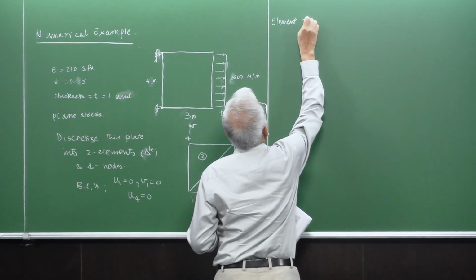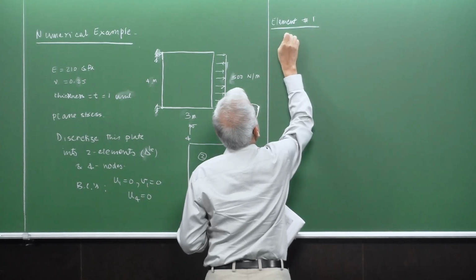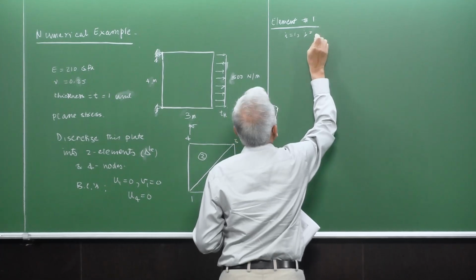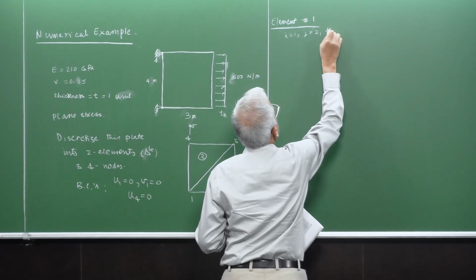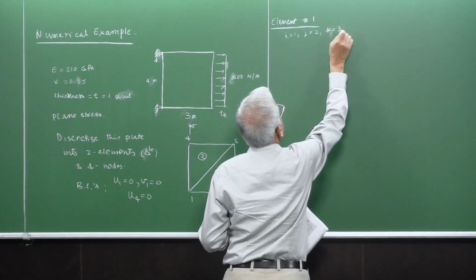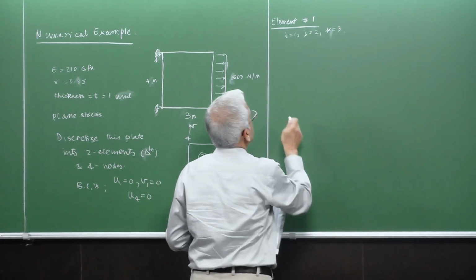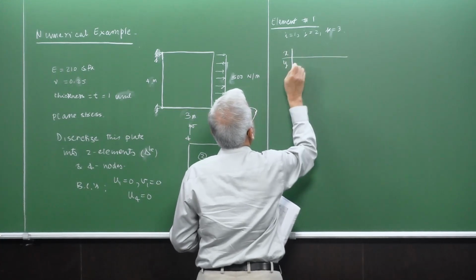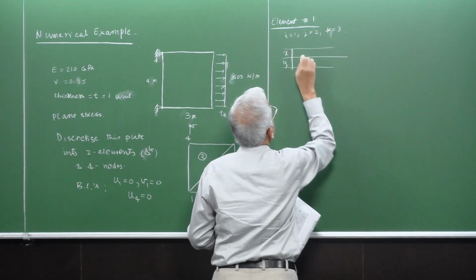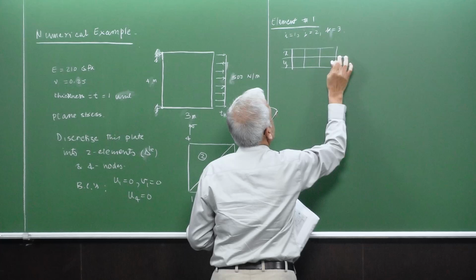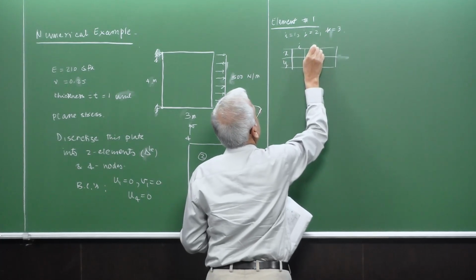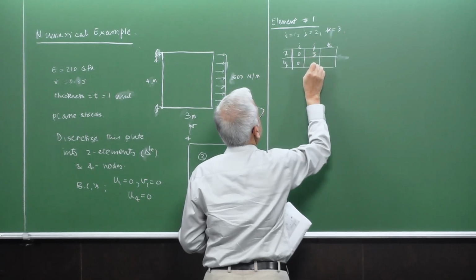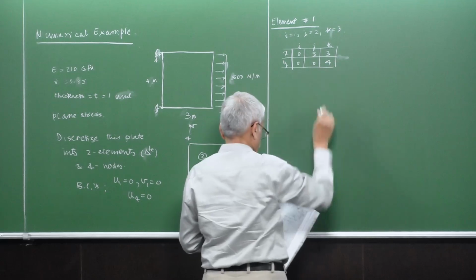Element 1, where i is 1, j is 2, and k is 3, so these are the three nodes, and the x, y coordinates are 0, 0, and 3, 0, and 3, 4.